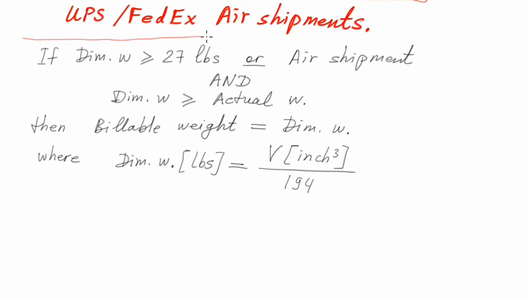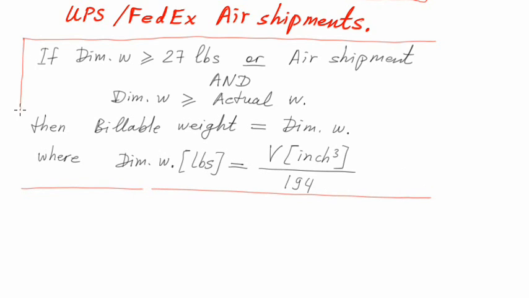Okay, so if we take into account air shipments, then we arrive at a more sophisticated condition like this. Now the last thing, I think, that I have to mention here is UPS and FedEx international shipments.